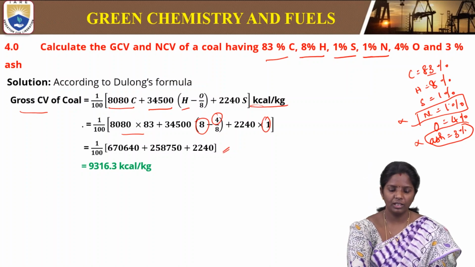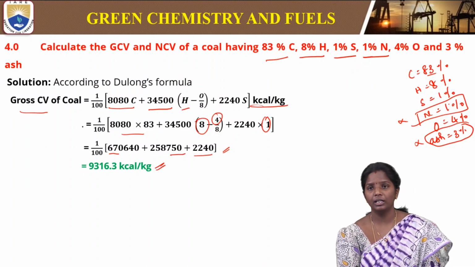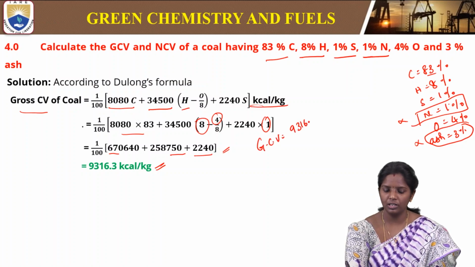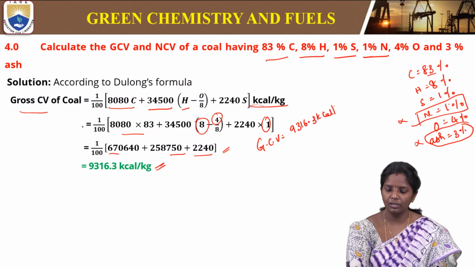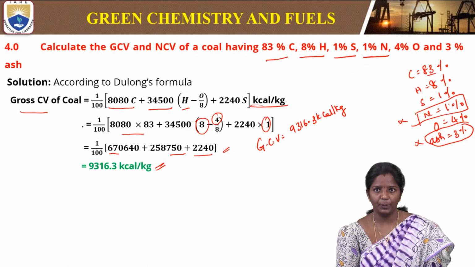Upon simplification, we get 670640 plus 258750 plus 2240, and upon addition and dividing by 100, we get the gross calorific value is equal to 9316.3 kilocalories per kg. So this is the GCV or HCV value.